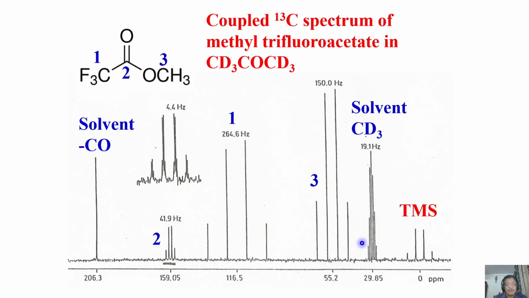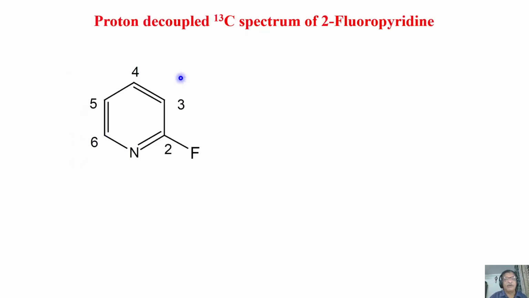We would not know whether it is the CH3 carbon or the CF3 carbon. This also tells me about long range coupling of this carbonyl carbon with these three protons. So these are all advantages. Sometimes to identify particular carbons, we can also make use of a coupled spectrum.